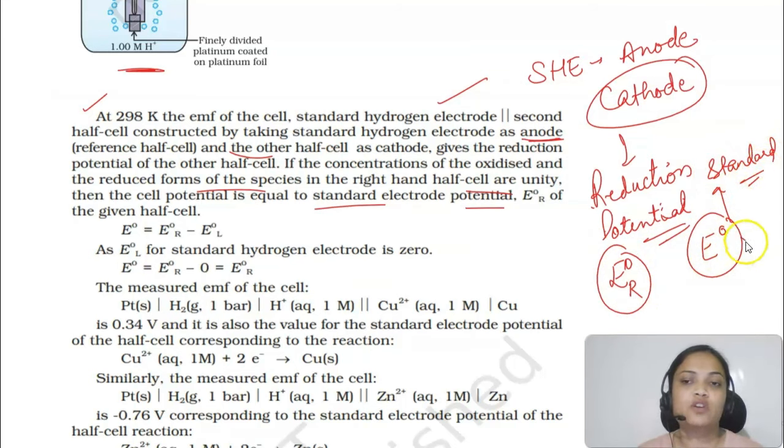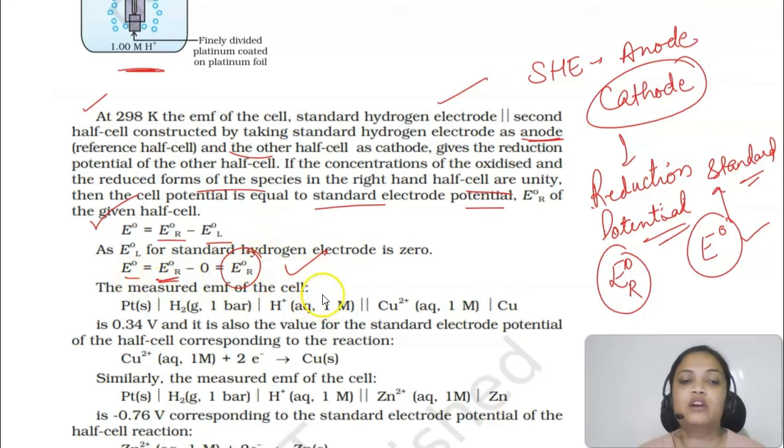If this naught is not there, then it's not the standard electrode potential, it's simply the electrode potential. Now E naught cell will be given as E naught R minus E naught L, like we have just discussed, means cathode minus anode. Now for hydrogen it is taken as 0. So the E naught will be equal to E naught R only.